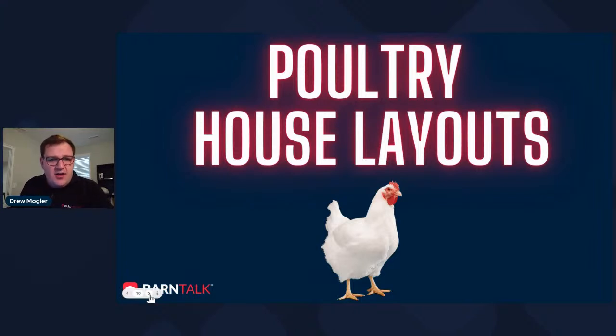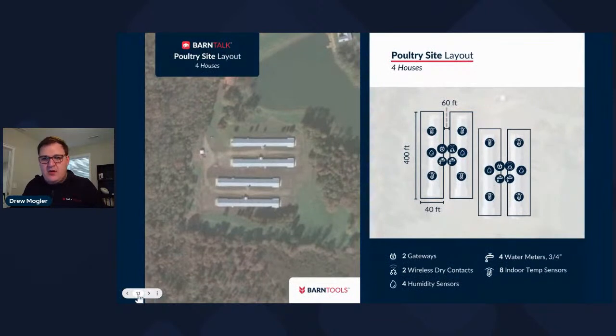So now I'm going to go through a few different poultry house layouts that we commonly see with our BarnTalk alarm system. I'm going to start with a 4-house layout. The easiest thing to think about when you're setting up the BarnTalk system on a poultry farm is that one gateway box can monitor 2 different houses.